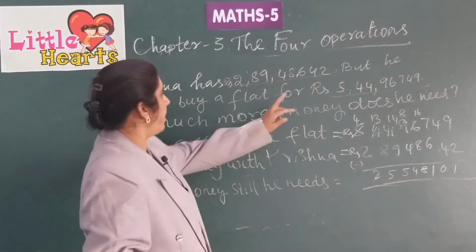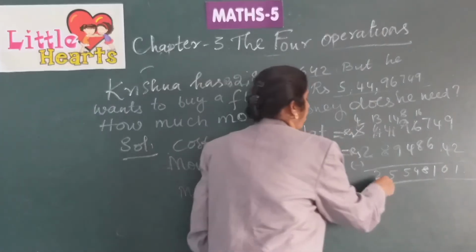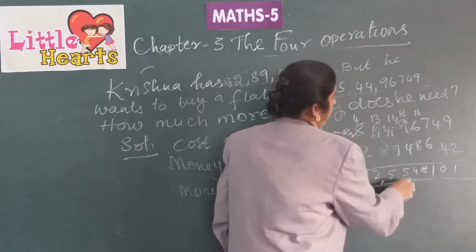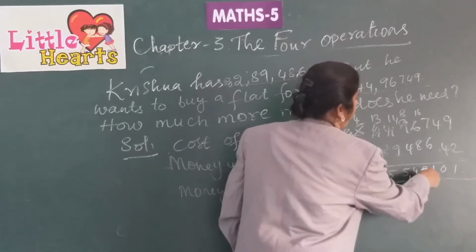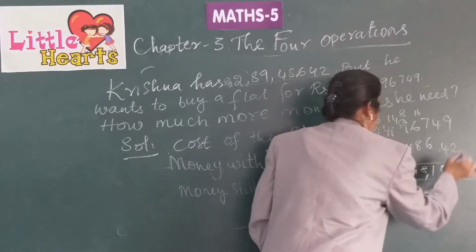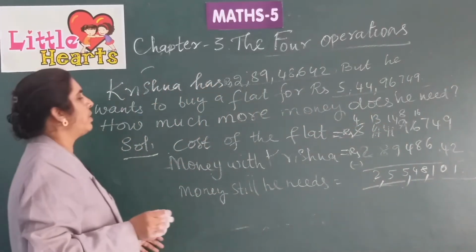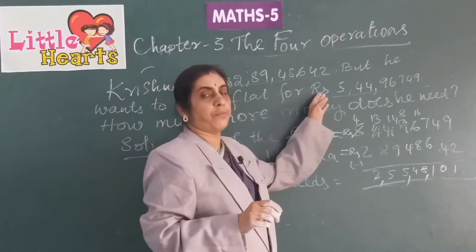So, to buy this flat, Krishna needs 2 crores 55 lakhs 48,101 rupees still. So he has to earn this much money to buy this flat of this cost.